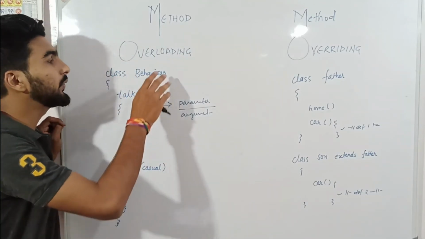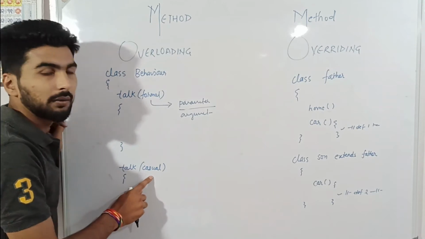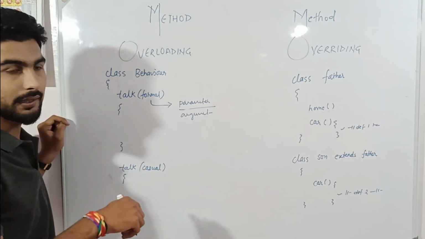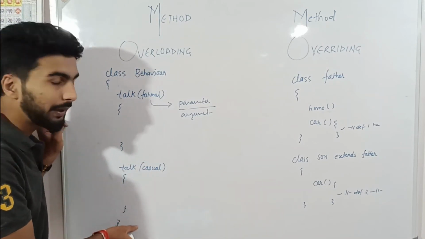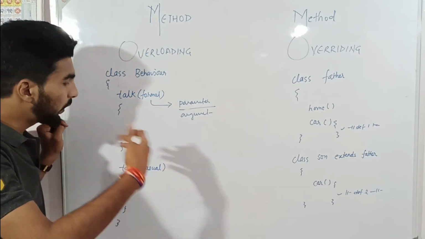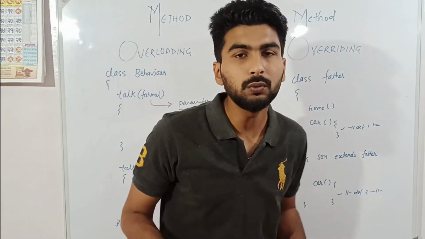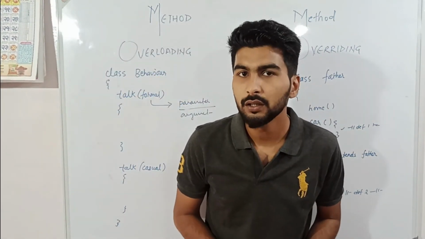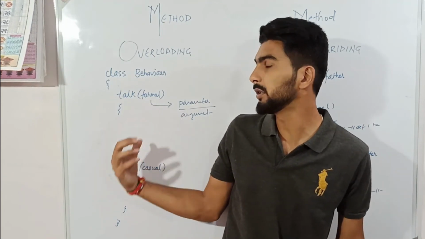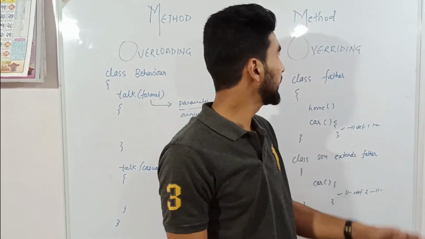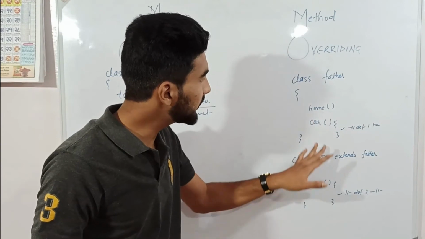In method overloading we give different parameters to each method, and if we create one more method, we give one more different parameter to the third method. In method overriding, the parameters are the same.